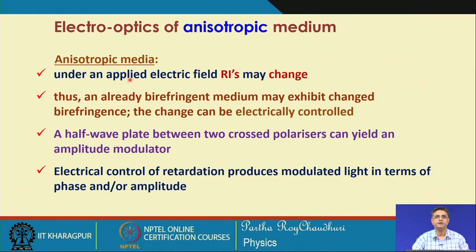If we place an anisotropic crystal with an applied voltage across it, then by controlling the electric field we can control the birefringence, and as a result, between crossed polarizers it can be used as an amplitude modulator. So, electrical control of retardation produces modulated light in terms of phase and amplitude, and this fact we have seen earlier also.